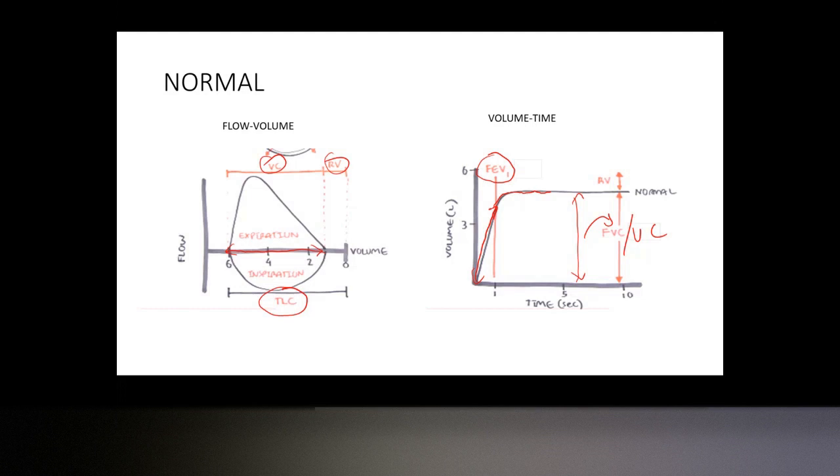But unfortunately, every book that explains this relation with the restrictive, obstructive and normal always correlates it to the residual volume and vital capacity of the lung in the flow volume curve, and that's why I have to explain it. I know it might not be clear, but if you have any doubts, just ask now. I'll try to clear it as much as possible.